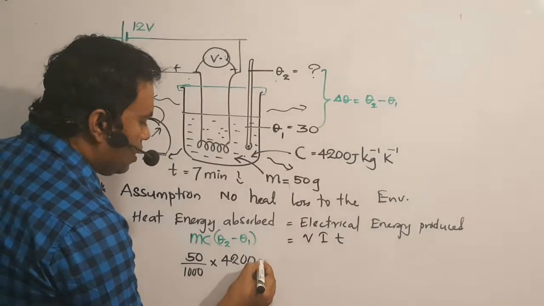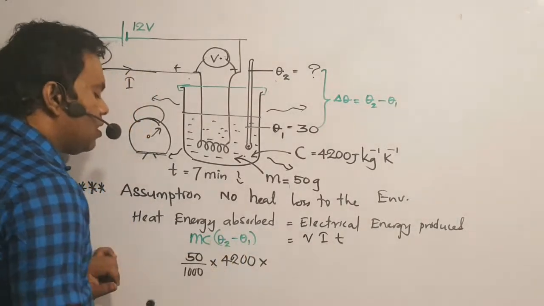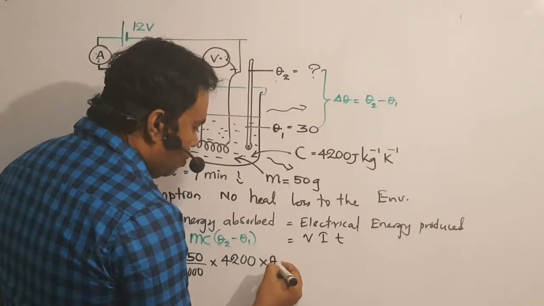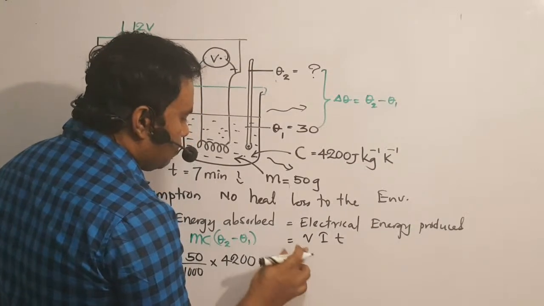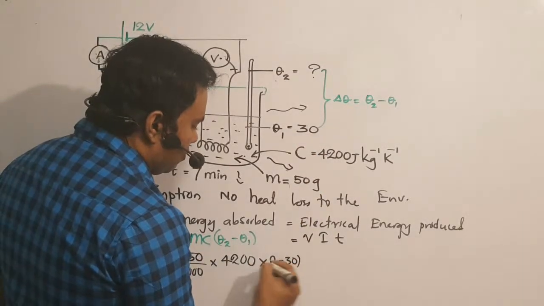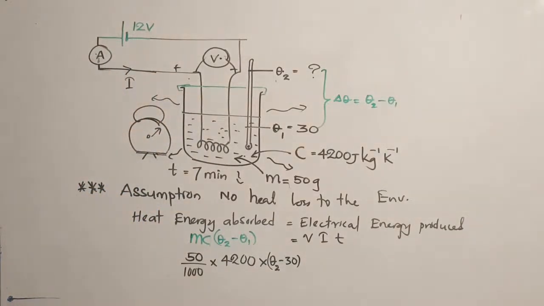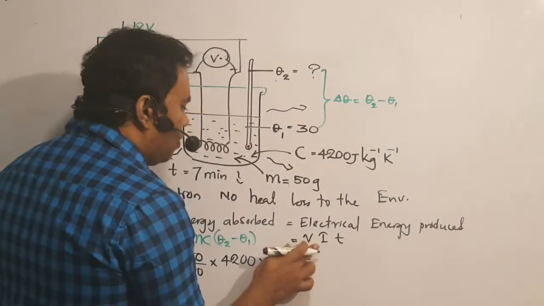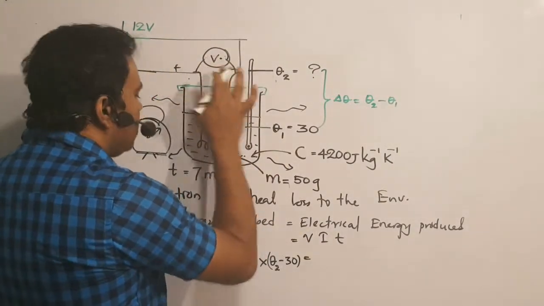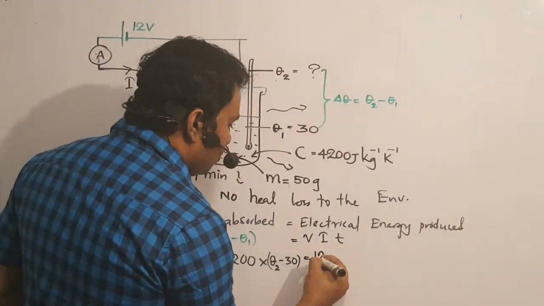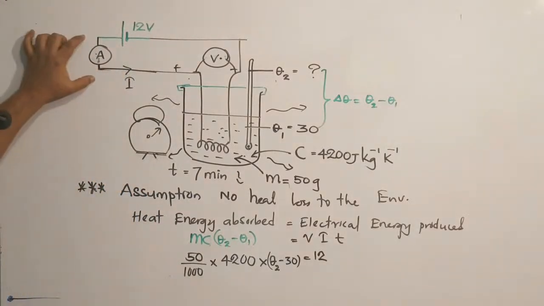I'm not going to write those here. Temperature change, theta 2 is what we need to find. So theta 2 subtraction, okay, theta 1 is given as 30. You will get the answer at the end. There's no need to consider that now. So V is the voltage, that has been given as 12 volt. Okay, so electric current I is to be given.